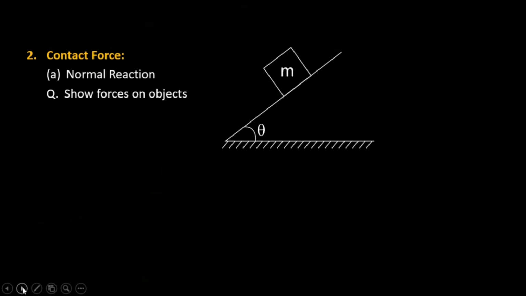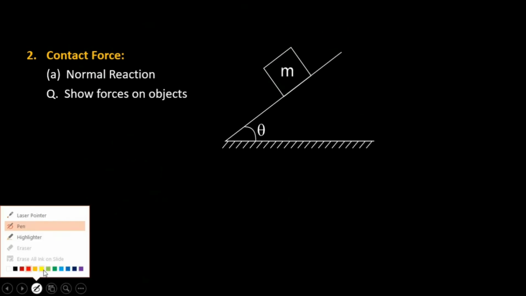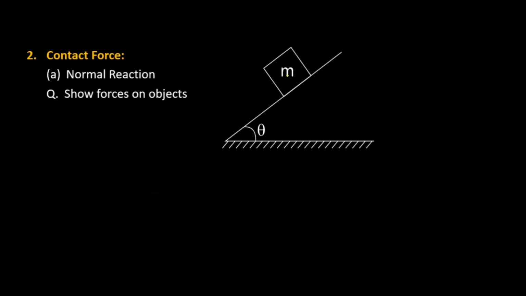Another case. Now this is interesting. This is something you need to remember, because we will be using it in later days, although you know it. Here we need to understand how normal is acting. First of all, in order to mark normal, we can simply make x and y axes through this mass. It will help you understand basic things.